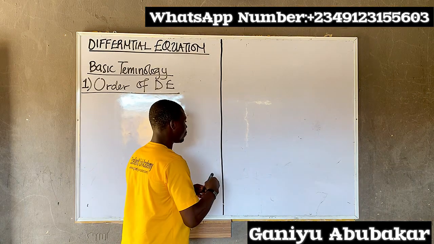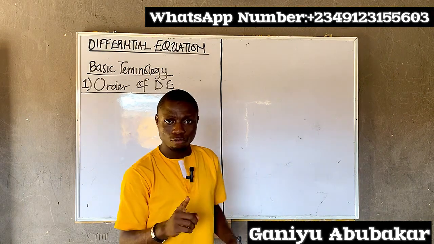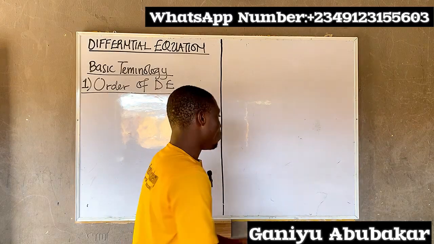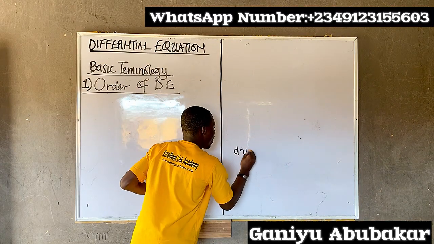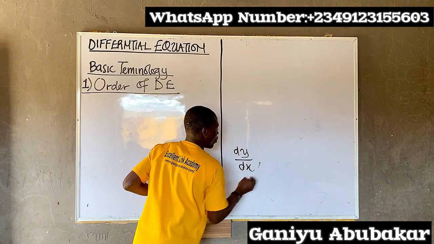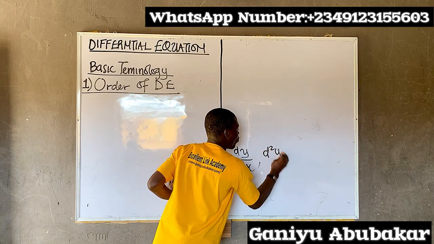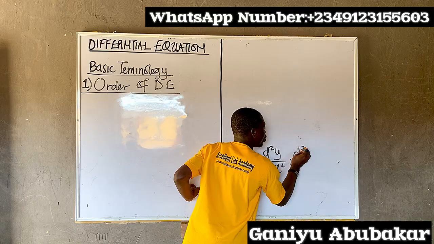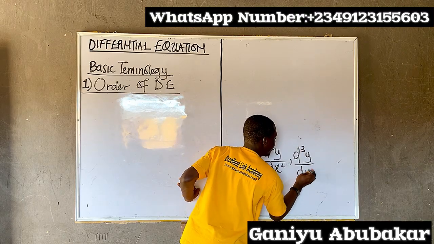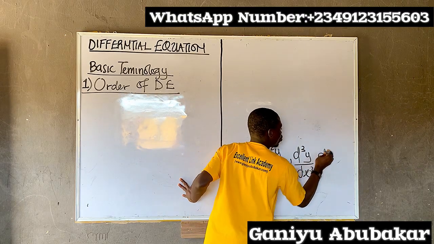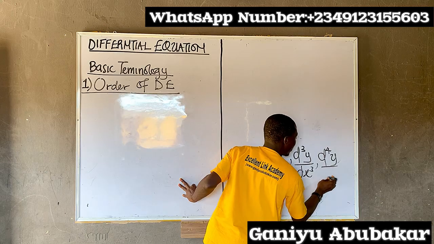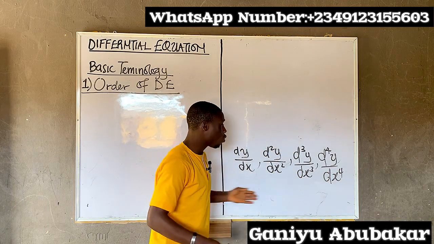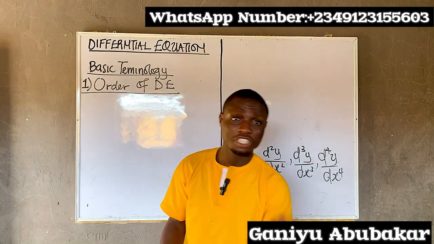At this level, you should know what I mean by differential coefficient: we mean dy over dx, or d squared y over dx squared, or d cubed y over dx cubed, or d to the power 4 y over dx to the power 4, and etc. These ones here are called differential coefficients.